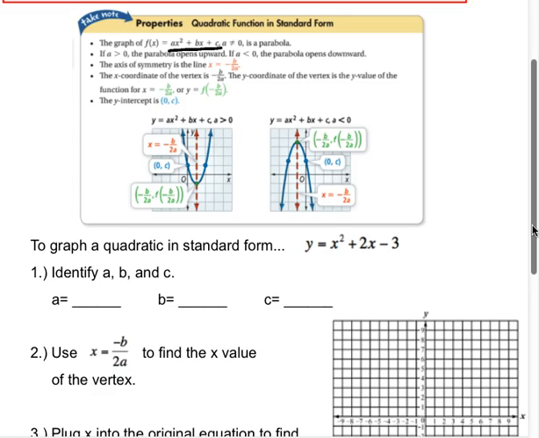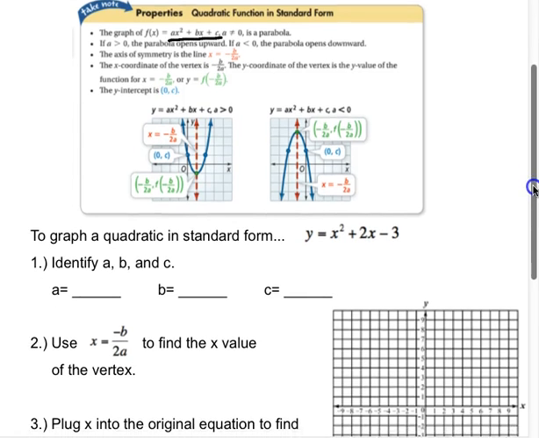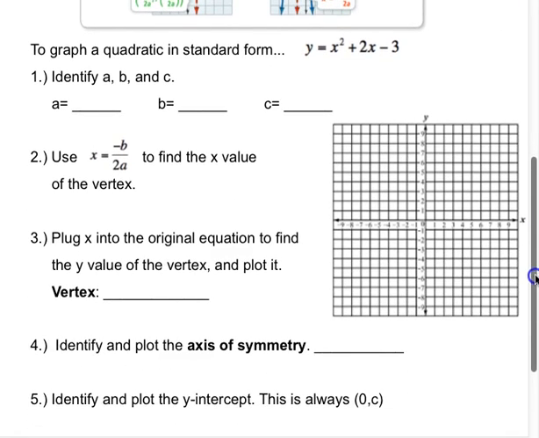All right, so first thing we need to remember is how do we find what a, b, and c are? Well, a, b, and c come from the coefficients of the x squared, the x, and the constant. So in this one, a would be 1, b would be 2, c would be -3.